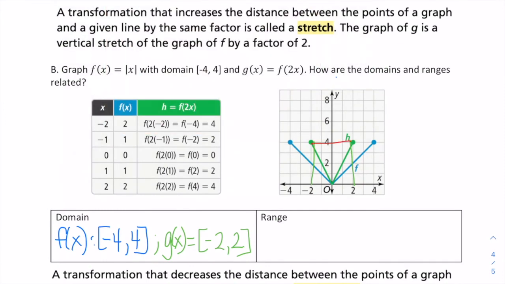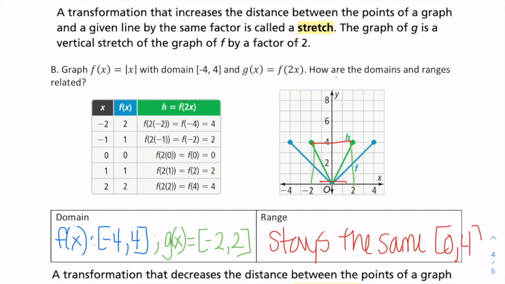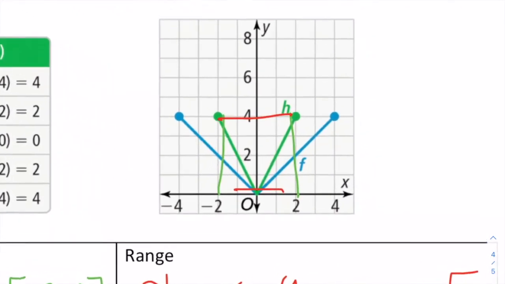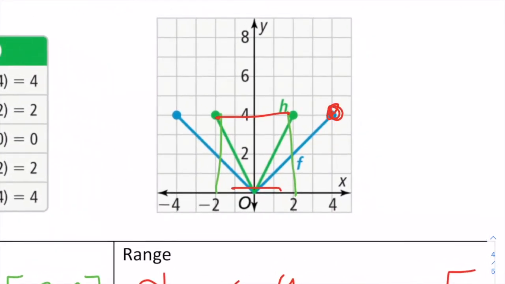The range is still 0 to 4. But it's really important for the compression that we see at this point, 4, 4 changes to 2, 4.